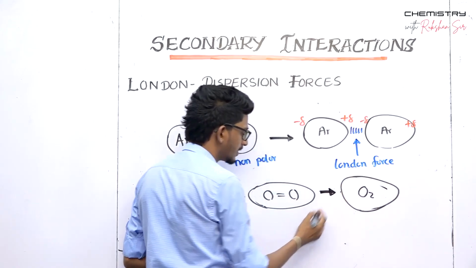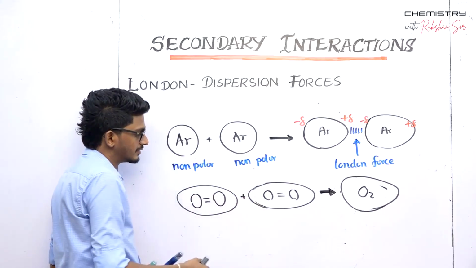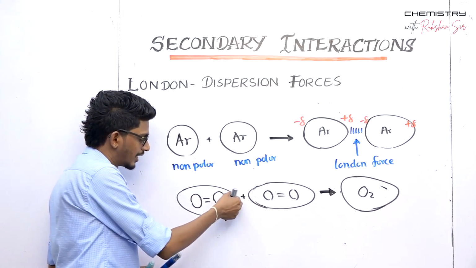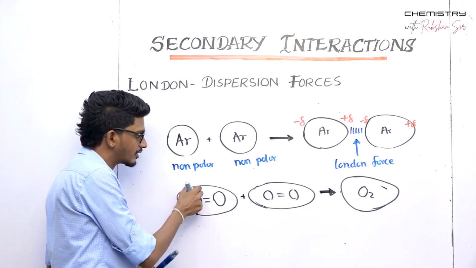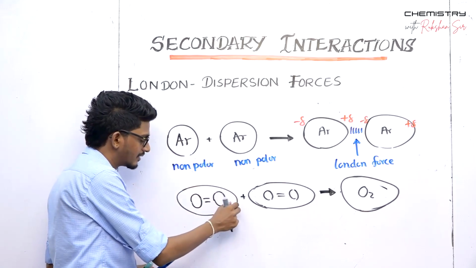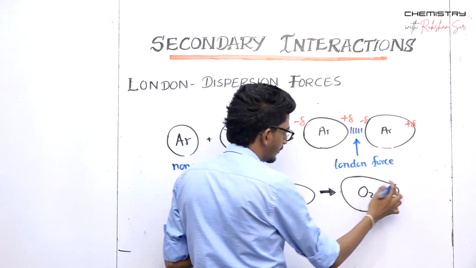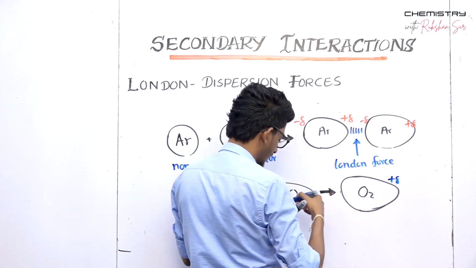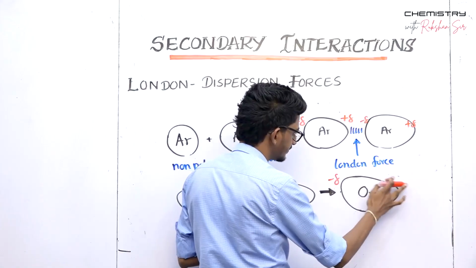The idea is clear, no? The electron density here will repel from the electron density here, so you end up with less electron density here, while you have greater negative nature here. Less negative nature means it carries the positive pole, while this one carries the negative pole.